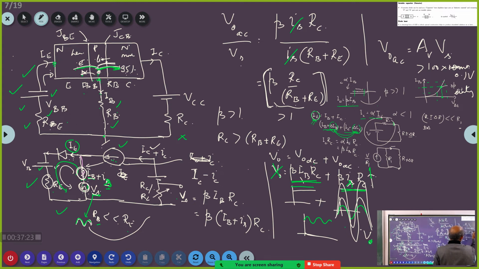So what will be VAC? 0.1 into 100. VAC will be 10 volts. So what have you achieved here? Voltage amplification. A small voltage is now appearing as big voltage.